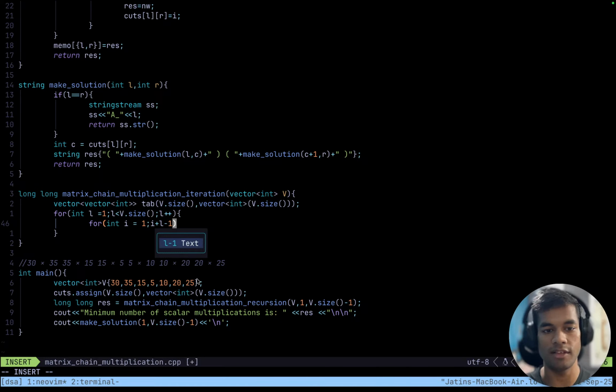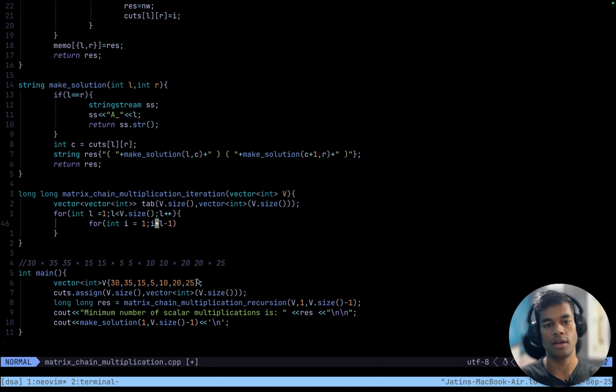Yes, i plus L minus 1, because i is included and L is the total length, so we do not want to increase it. So L minus 1 is the number of elements that are going to be on the right. So this gives us the index of the right range, while it is lower than v.size, i++.